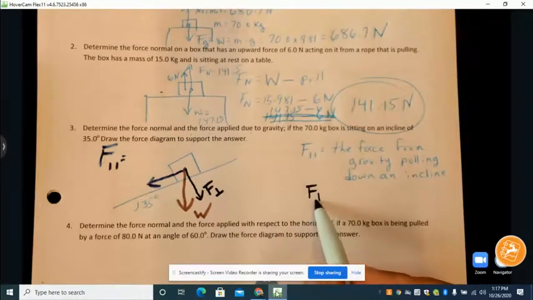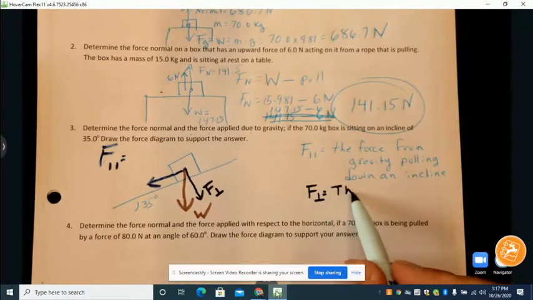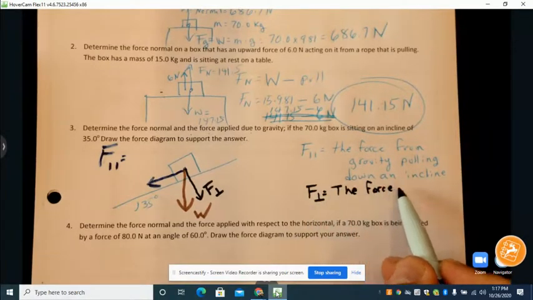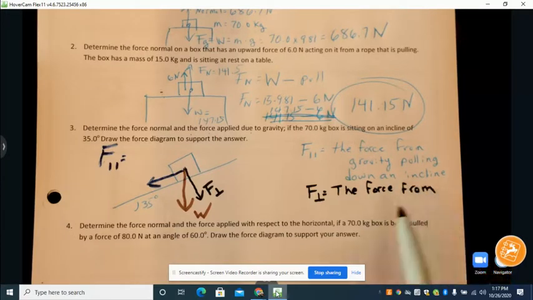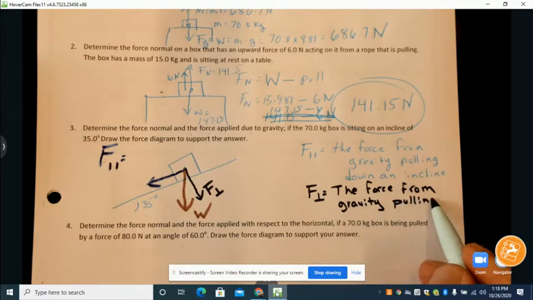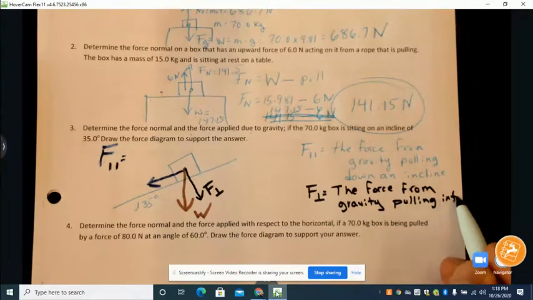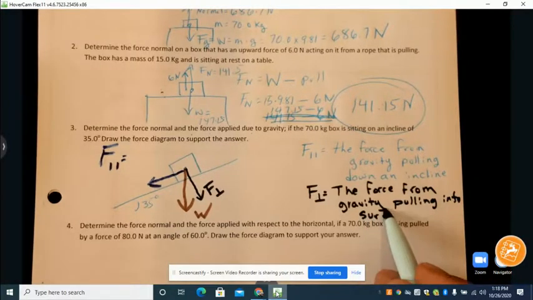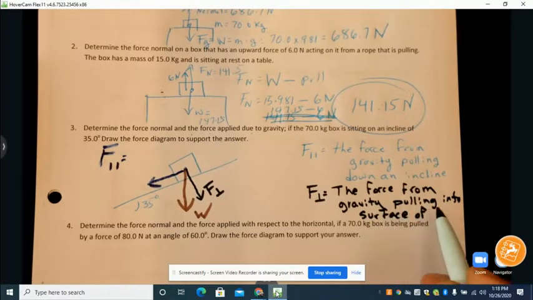Force perpendicular: the force from gravity pulling into the surface of the object. So there's a force pulling it into the surface of the object, called force perpendicular.